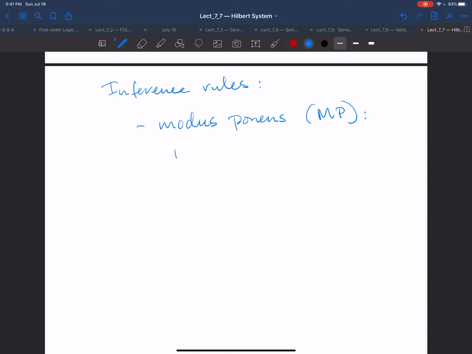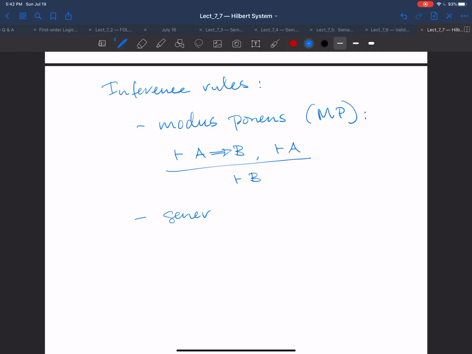Modus ponens states that if you've deduced A implies B and A, then from those you can deduce B. Because we still have modus ponens and axiom schemas of the same form as our axiom schemas for propositional logic, for anything we can prove in our Hilbert system for propositional logic, we can prove the corresponding theorem for first-order logic.